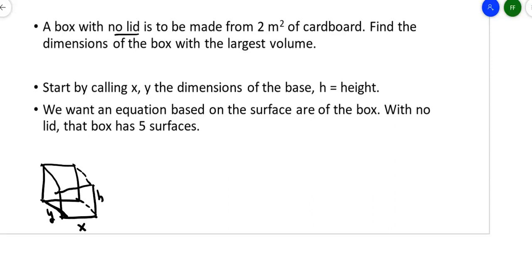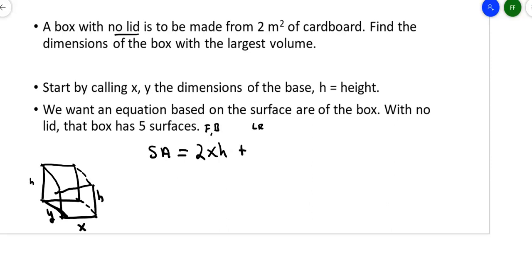Now, I said with no lid, right? Box with no lid. So with no lid, that leaves us 5 surfaces. The surface area, then, is what? It's the face in front of you, which is x times h, but then there's also another x times h in the back. So this is front and back. Now let's look at the left and right side. The left and the right side are y across and h up.